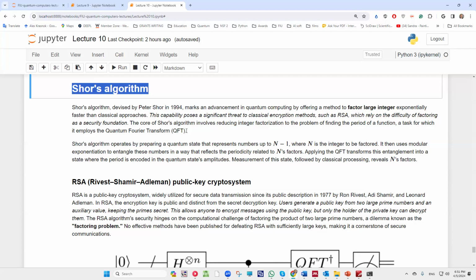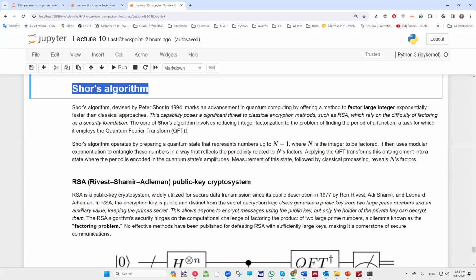Okay, and in math, there is a great mathematical problem, one of the most difficult problems, the problem of finding the prime factors of some big number.